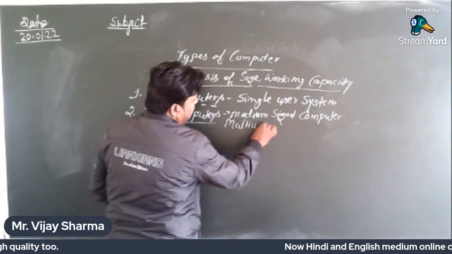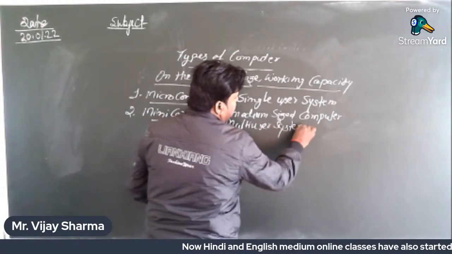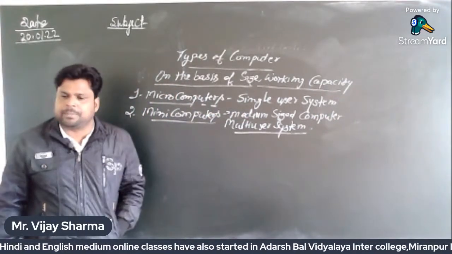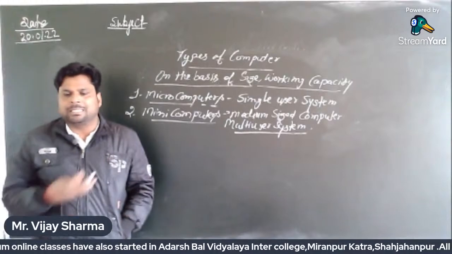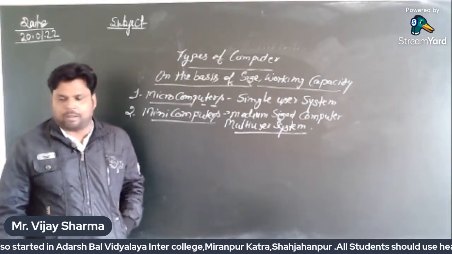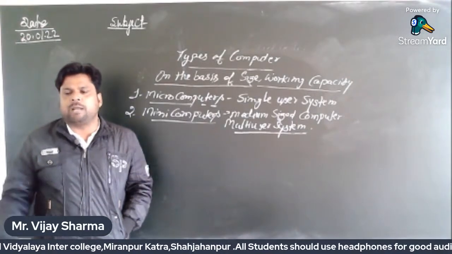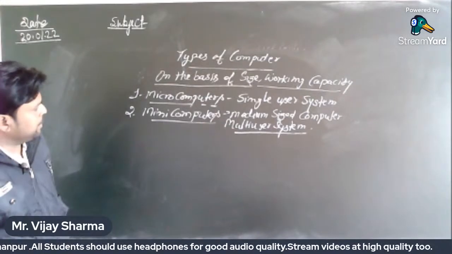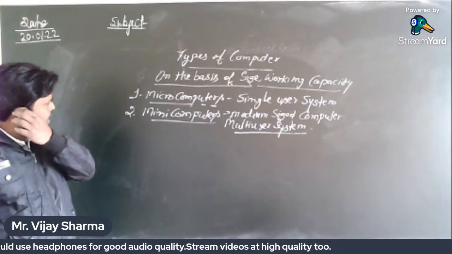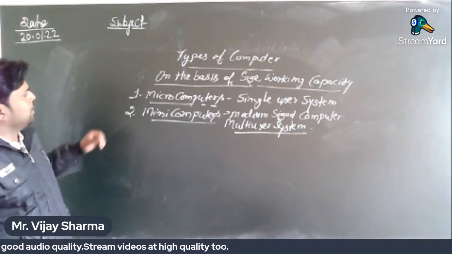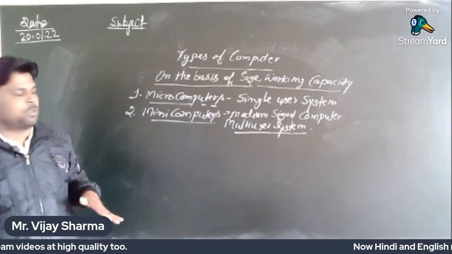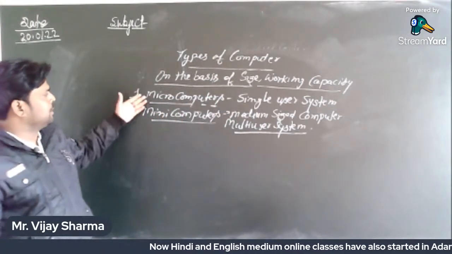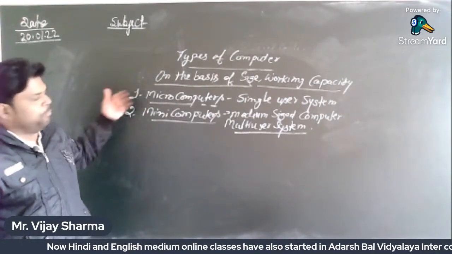Multi-user means many users use this computer at the same time, like 10 to 12 users. So it has very high potential to do our work in comparison with microcomputers, because that is a single user system and this is a multi-user system. So this is more advanced than the microcomputer.